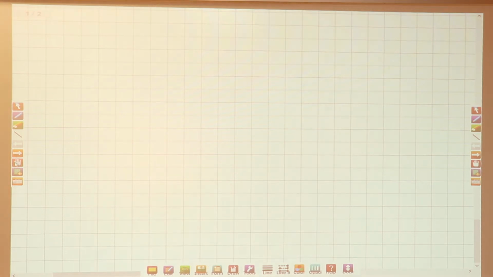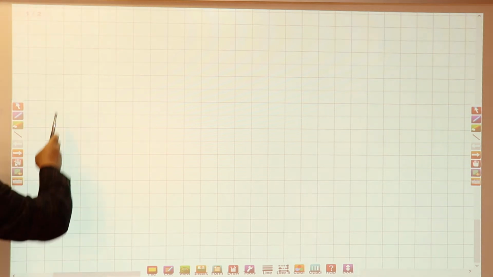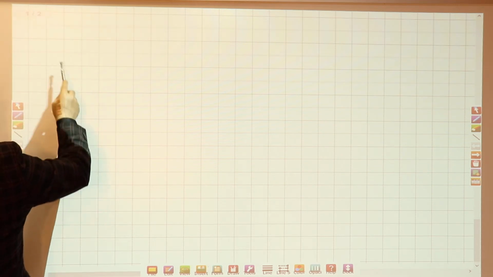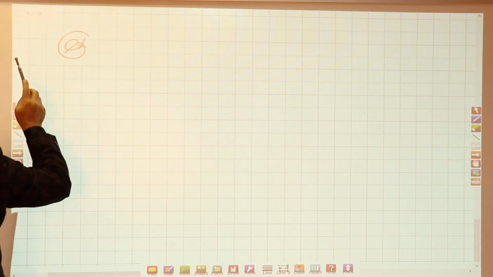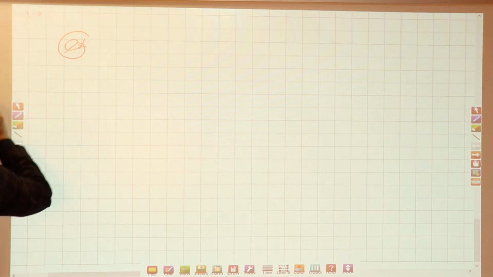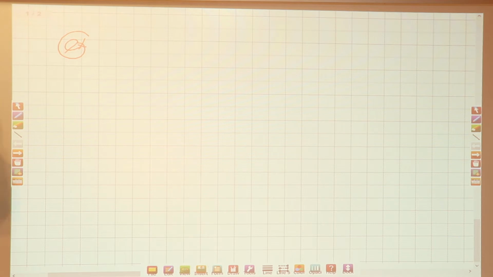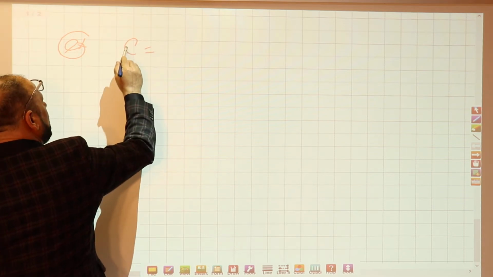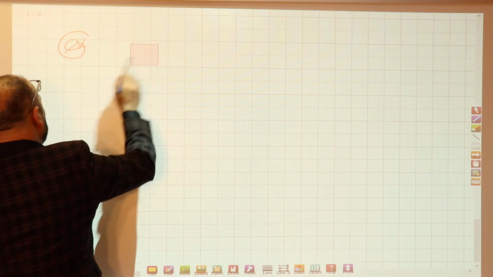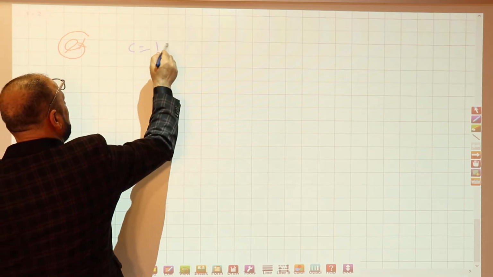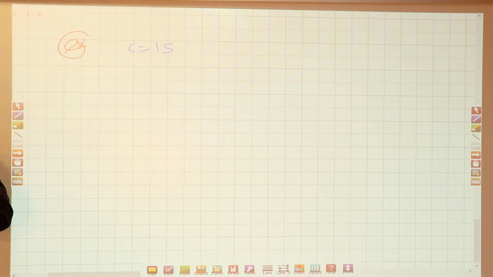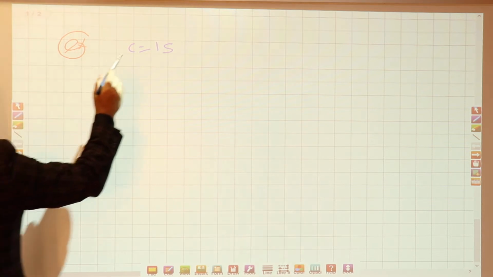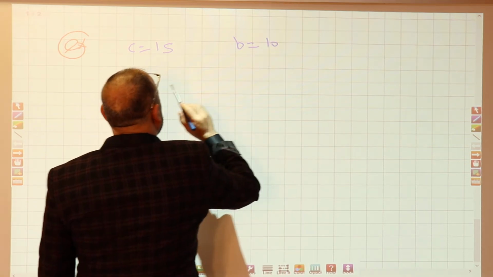In this example, we have a triangle. Look here, we have two sides given: c equals 15, which is a side, and b equals 10, and the angle.